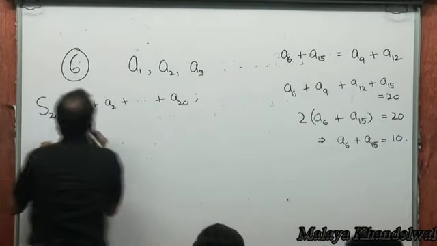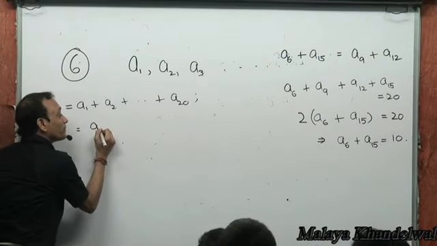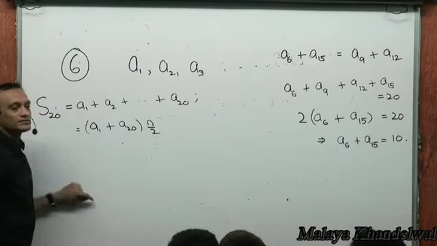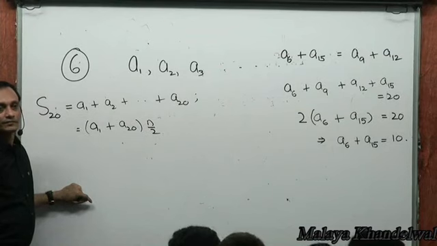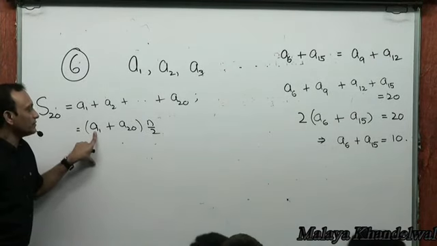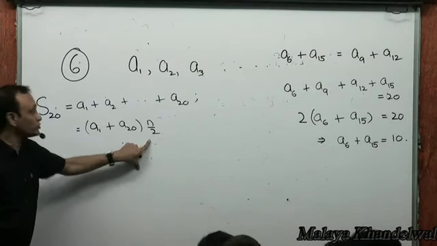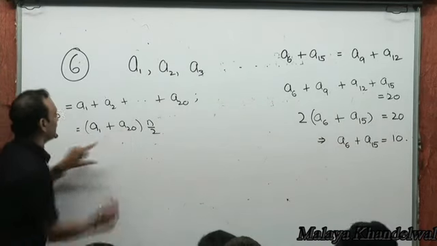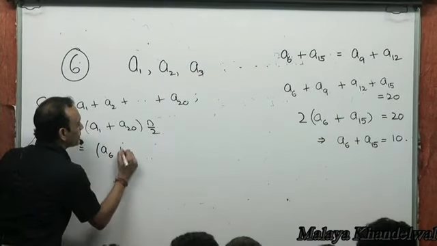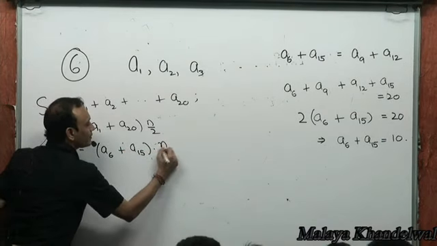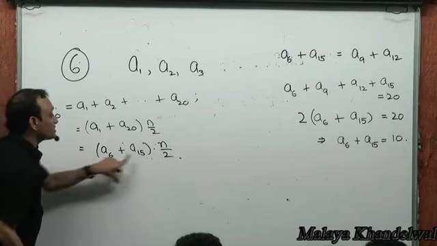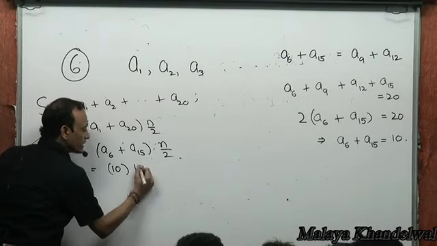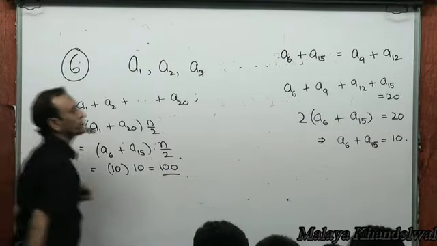Now, sum up to n terms is what? A1 plus A20 into n by 2, isn't it? First term plus last term into n by 2. But A1 plus A20 are the first term from the beginning and the first term from the end, which will be the same as the 6th term from the beginning and the 6th term from the end. Right? And this is 10. And n is 20 here. So 10 into 10 makes it 100.